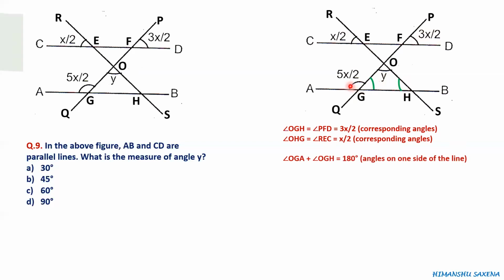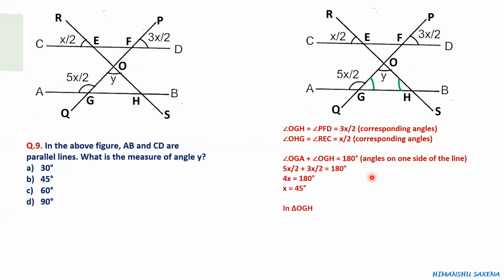Now this angle and this angle, if we add these two angles, then this is equal to 180 degrees. So this is 5x by 2 and this is 3x by 2 as we calculated here. So 5x by 2 plus 3x by 2 is equal to 180 degrees, and we can calculate the value of x equal to 45 degrees.